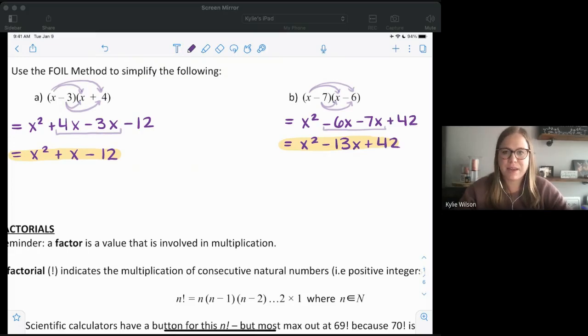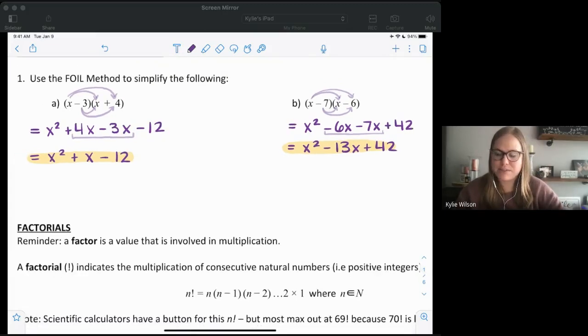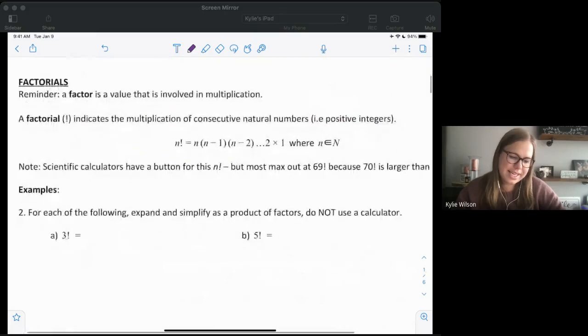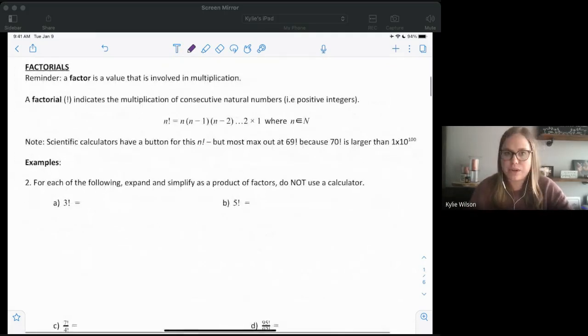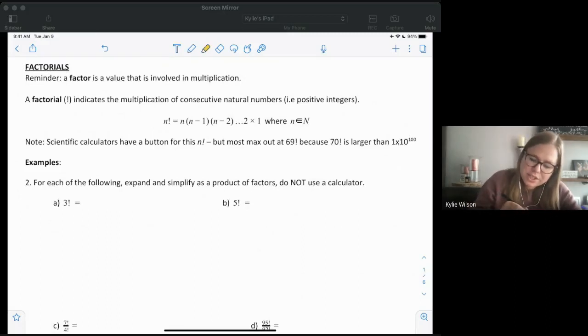Awesome. Okay, so let's start talking about the new piece. We're going to be talking about what are called factorials. Just as a reminder, a factor is a value that's involved in multiplication. If I'm looking at the number 6, the numbers that I could multiply to get to 6 could be 1 and 6, 2 and 3.